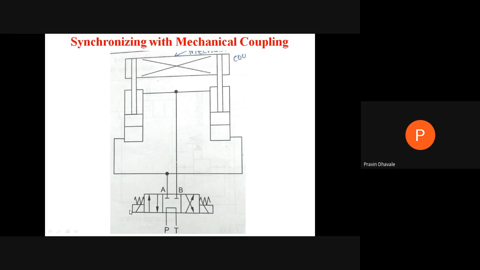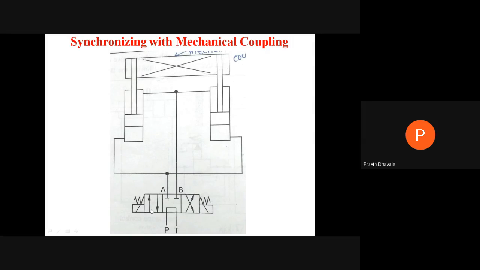Now, when we are actuating position one, what change will there be? P is connected with A. Whatever fluid is coming from the pump will now be passed to the port A. And whatever fluid is coming at B will be connected to the tank. That will be passed to the tank.